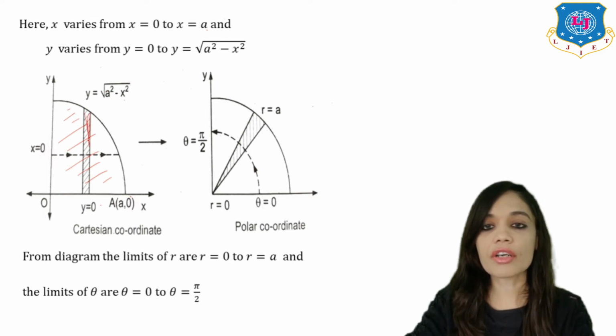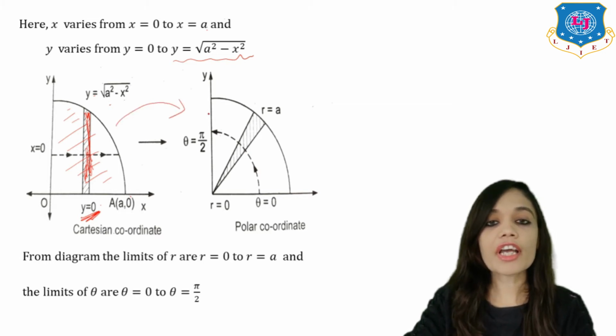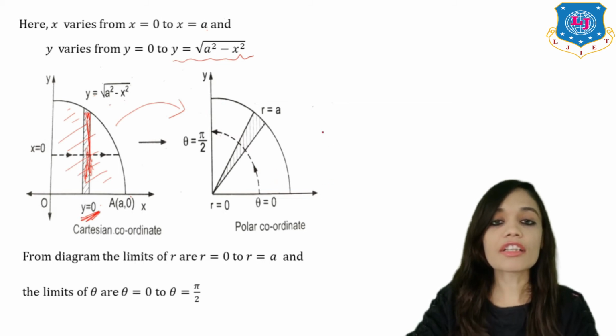So this is our vertical strip which starts from y equals 0, that means the x-axis, and this is our given circle, right? So for our circle, y equals square root of a square minus x square. In polar coordinates, again we have to draw a circle in the first quadrant, but here the limits of theta will be from 0 to pi by 2 in the first quadrant.